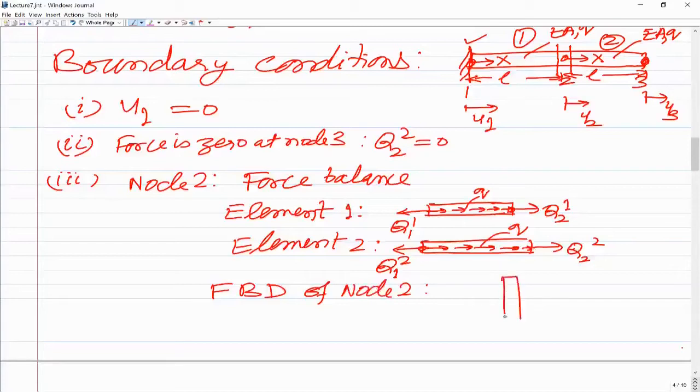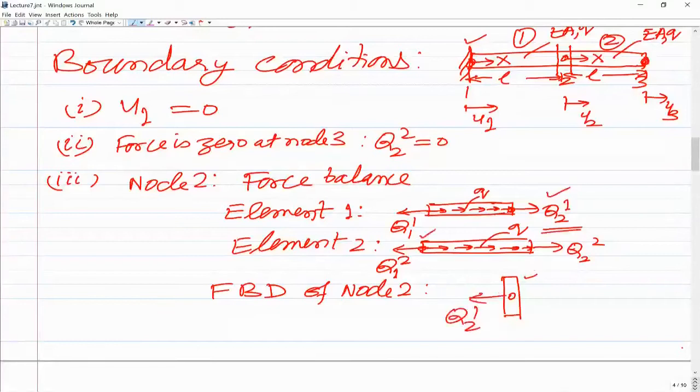So this is just node number 2, and the forces will be as follows. Because it is exerting force on element 1, element 1 will exert force in the opposite direction. Whatever is acting on the element, the opposite of that is going to act over here. So this will be q21, and on this side the force would be exerted by element number 2.